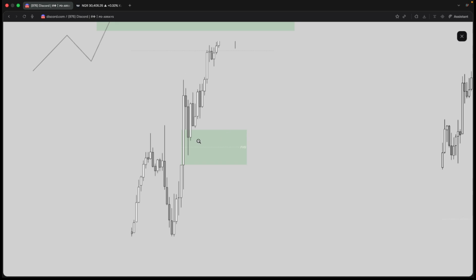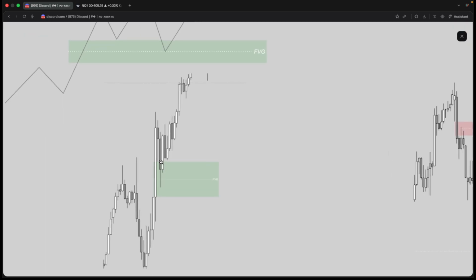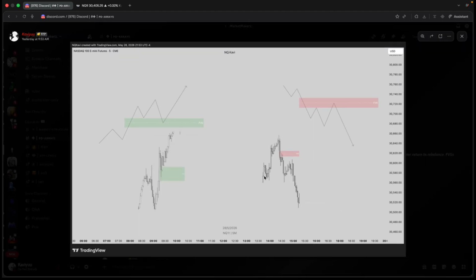We expect price to move aggressively up, forming this huge candle, therefore forming a fair value gap. What price will likely do is trade back into this gap to fill in that inefficiency, and we will continue in the desired trend.